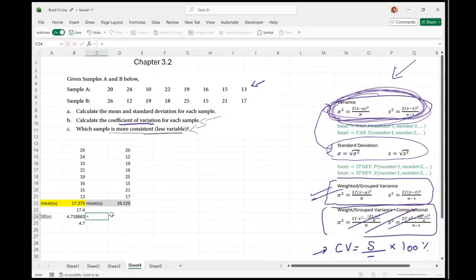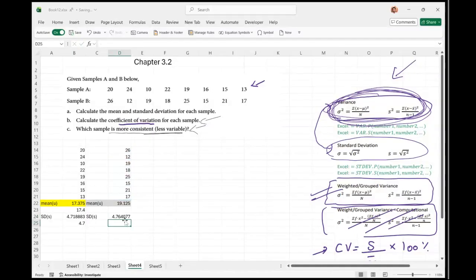And now standard deviation, STDEV.S, and this value is the standard deviation of sample, not population. I'm using standard deviation of sample because this is a sample.